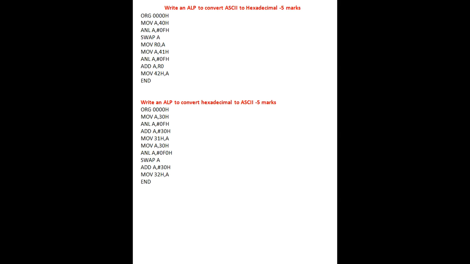Next, write an ALP to convert ASCII to hexadecimal. You have to convert your ASCII value; you have already solved all these problems. You got the output as well in the lab as well as in the class. Here you have to take the ASCII value and convert it to hexadecimal format. I have taken one value in the accumulator.